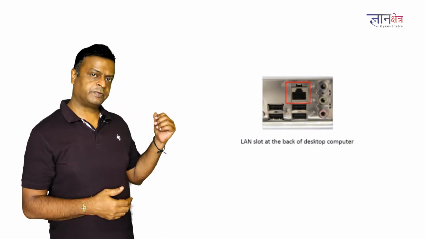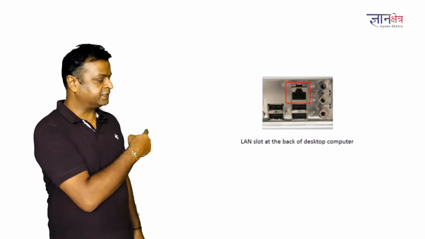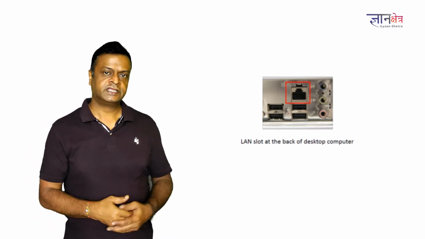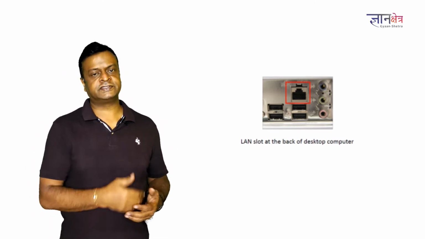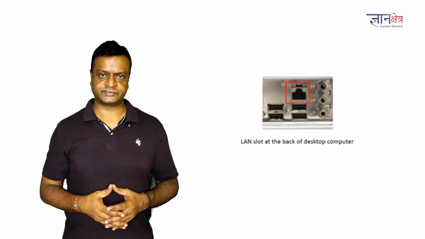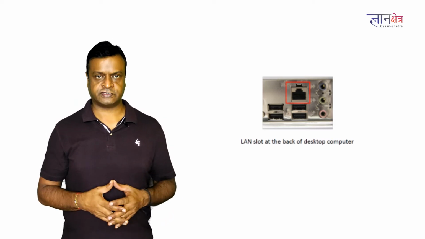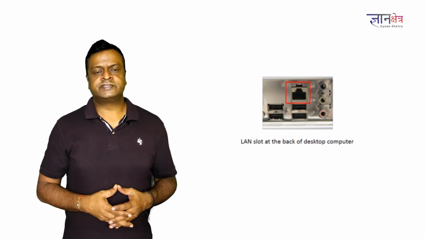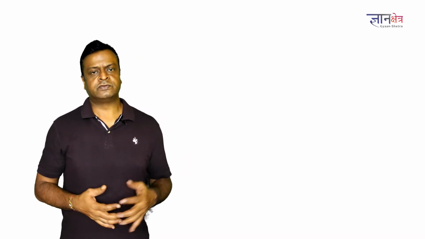When you move to the back of your desktop, you will see a slot something like this, as you can see in the image. If you see a slot like this, that means you have a LAN card, or network interface card, in your system. As nowadays everything is on board, you must already have a LAN card installed in your system. If not, then don't worry.